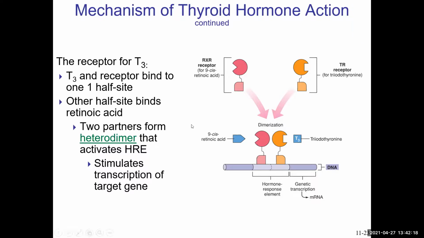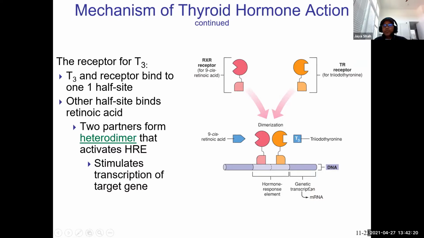But once they bind, they produce the same response, hormone response. Change in genetic transcription and messenger RNA. So if I take vitamin A totally from your blood, will thyroid hormone act? Will it produce its effect?